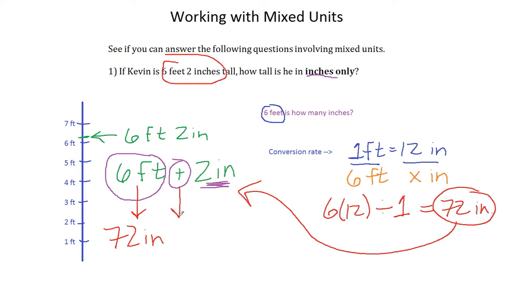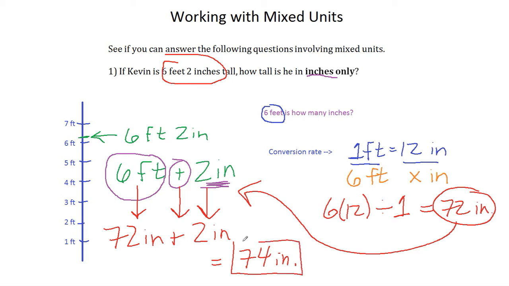I'm going to keep the plus, and then I'll keep the 2 inches, because that's inches and that's what I want. So this problem now breaks down to 72 inches plus 2 inches, and that is going to give us a final answer of 74 inches.